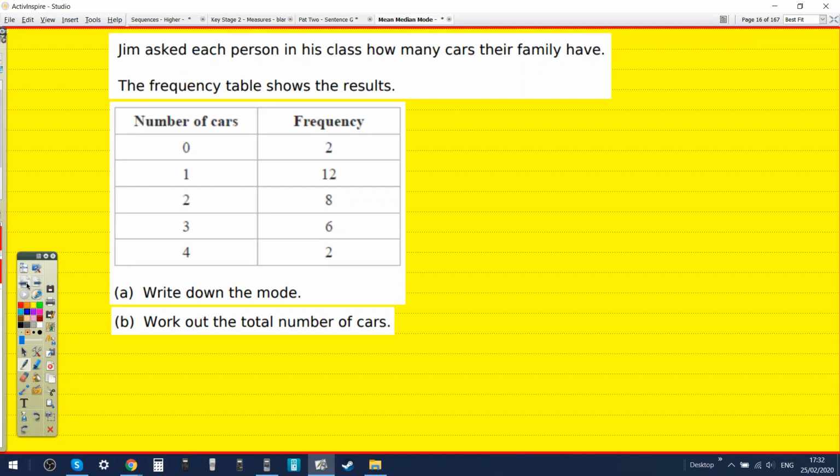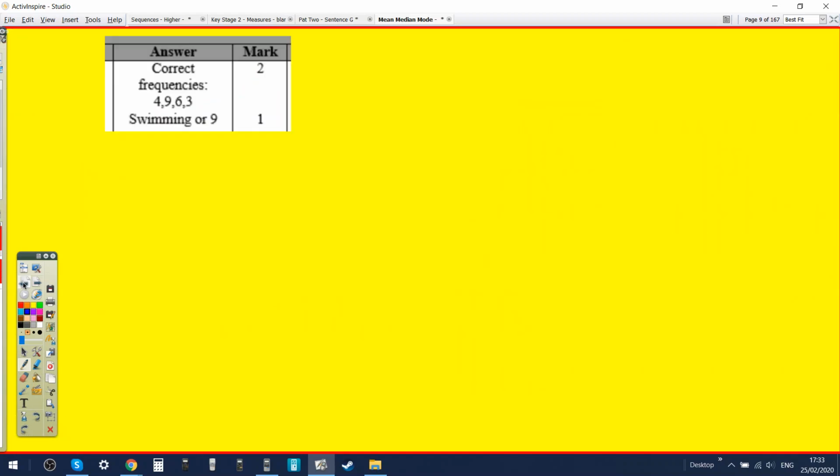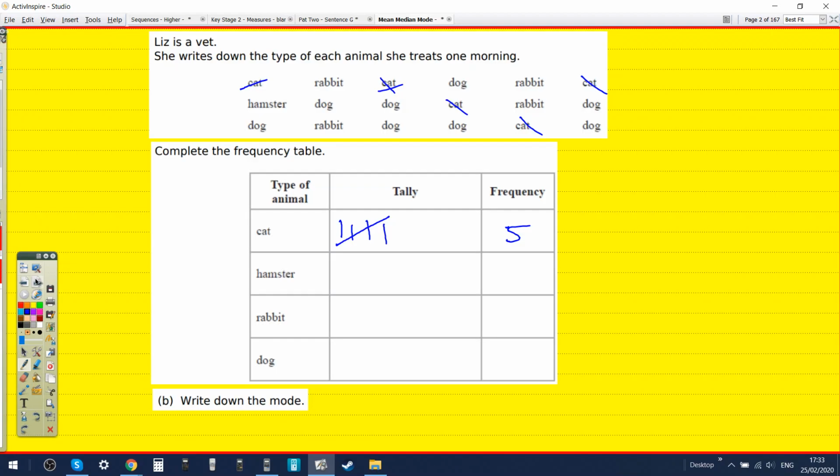Let me just go back. What is the mode from this one? So they made a frequency table like we were making. If we go back to our one, cat, hamster, it's the one with the highest frequency that would be the mode.